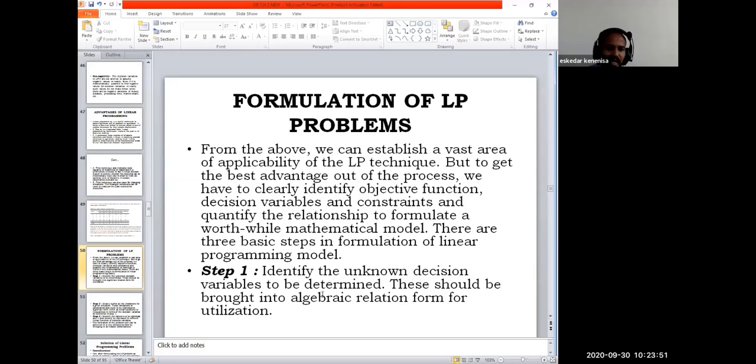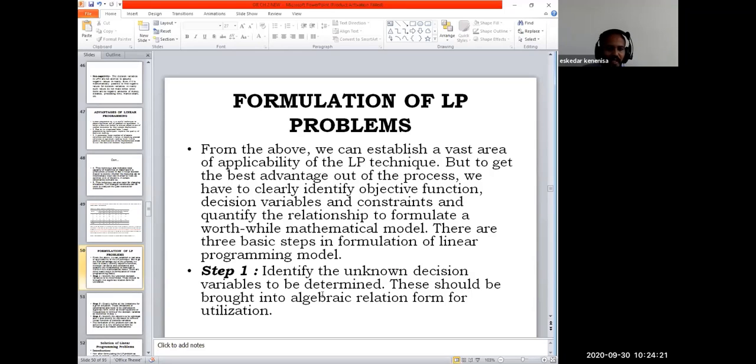What are the three basic steps in formulating a linear programming model? Step 1: identify the unknown decision variables to be determined. First of all, you have to identify the unknown decision variables within your problem: x, y.